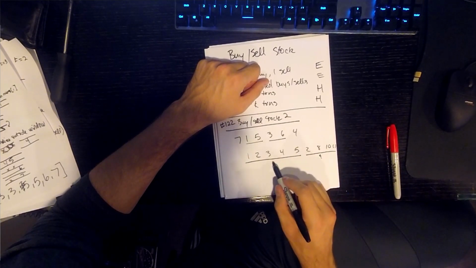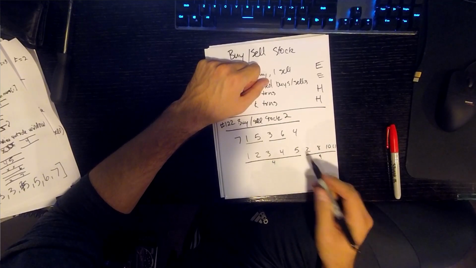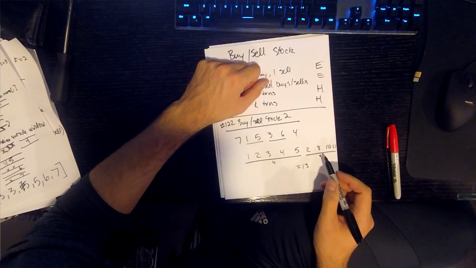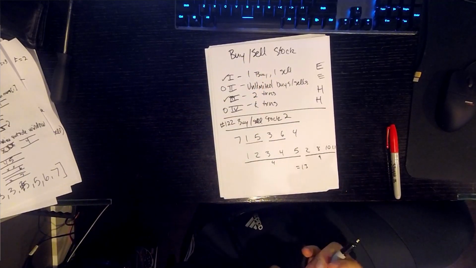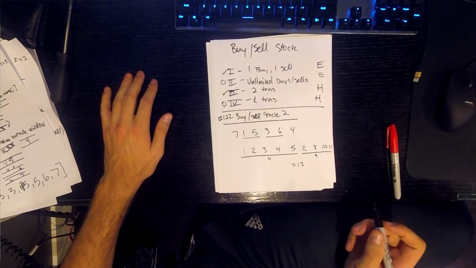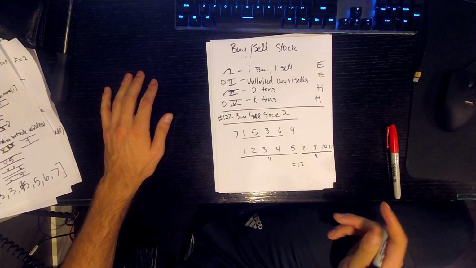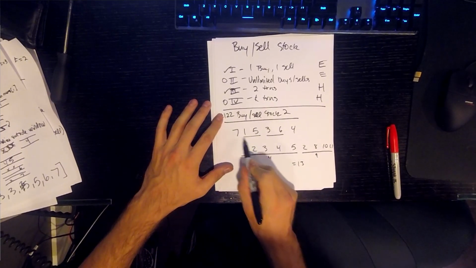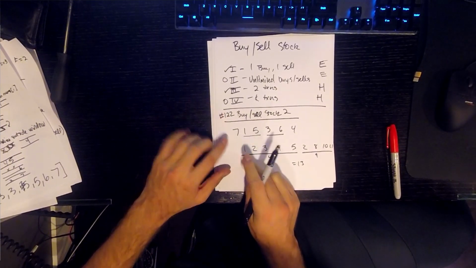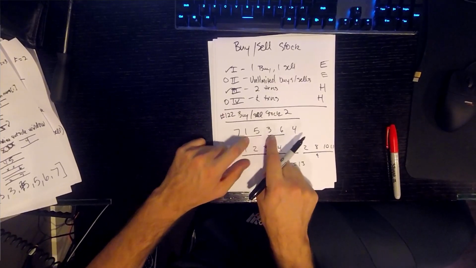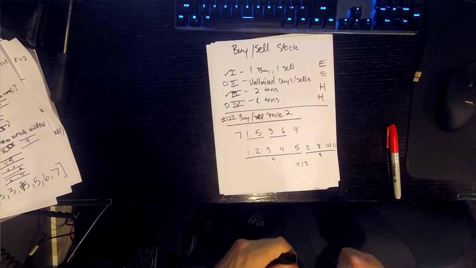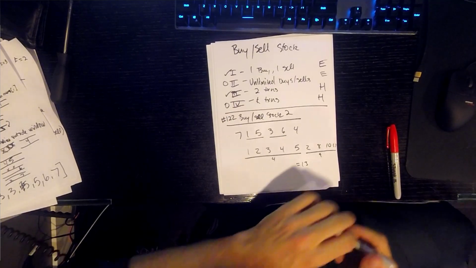So it would be 4 and 3. So pretty simple logic. The way I'm going to code it up is just looking at the delta and saying, okay, we'll do a buy sell here if we make profit. See how that would look like in code.